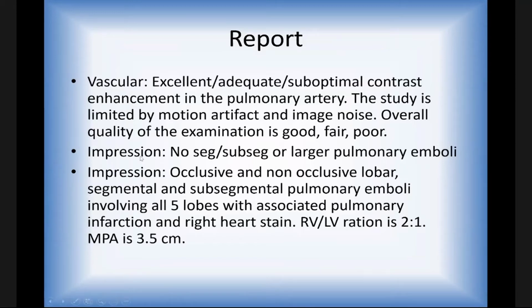And the impression, we have to answer the clinical question, yes or no. Our radiologist's job is to say segmental, at least segmental pulmonary embolus. The patient has or does not have segmental pulmonary embolus. Acute segmental pulmonary embolus is a must that the clinician will treat.